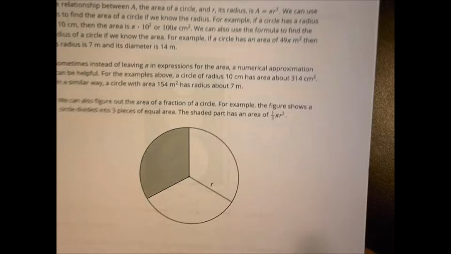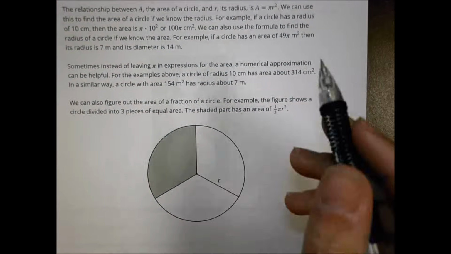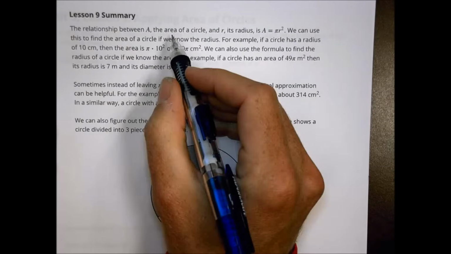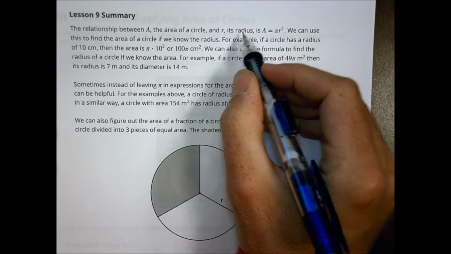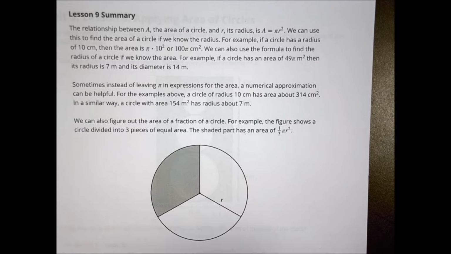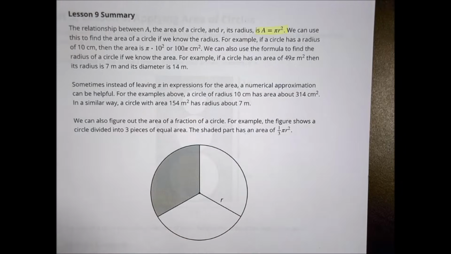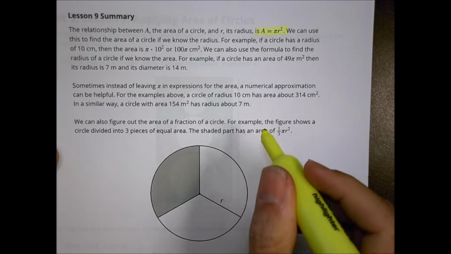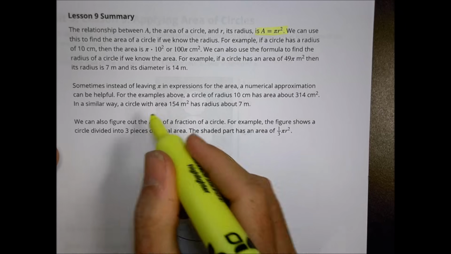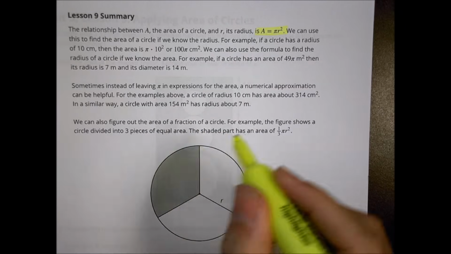So in summary, we said that a relationship between A, the area of a circle, and r, its radius, is A equals pi r squared. Okay, so we're just landing on that finally there. What's interesting to think about, which we didn't cover, but is important to know, is that you can also figure out the fraction of a circle as well.